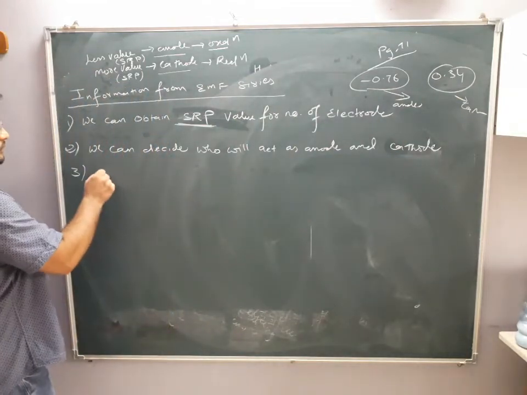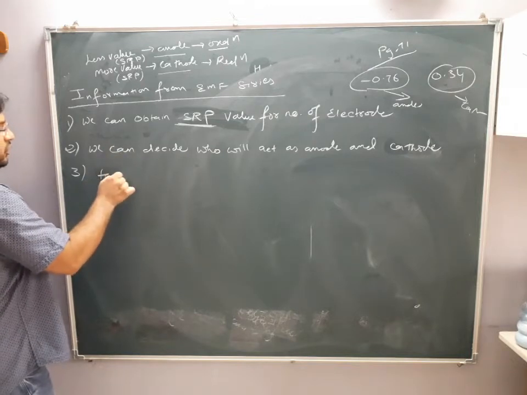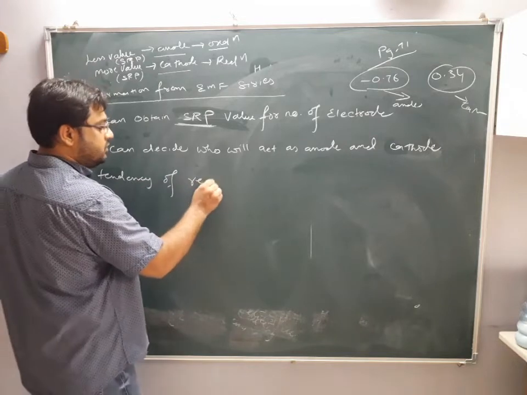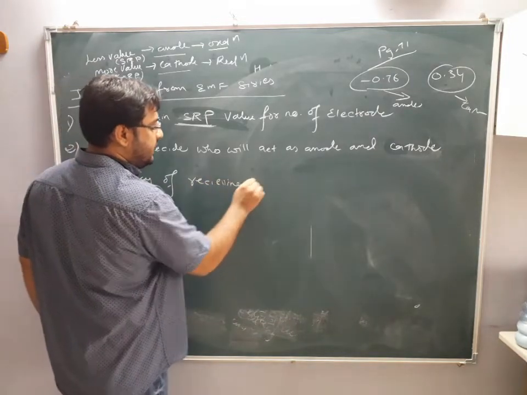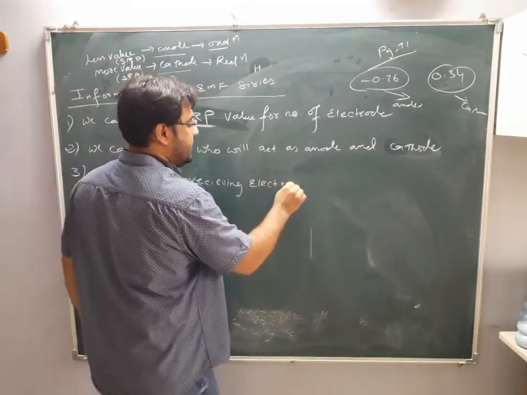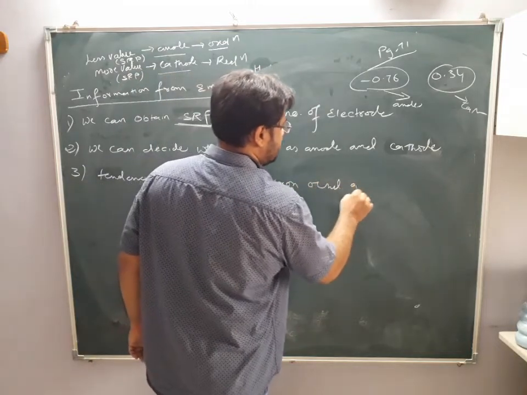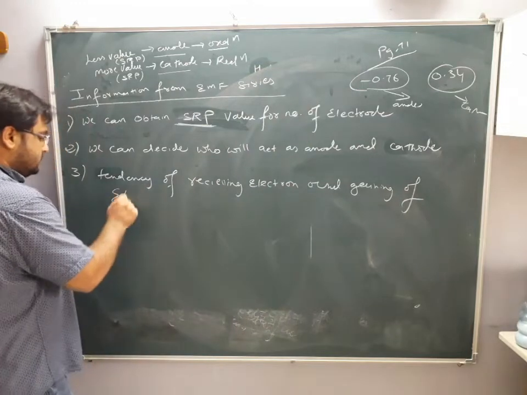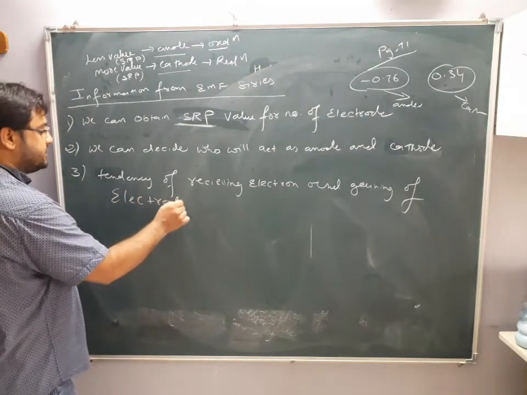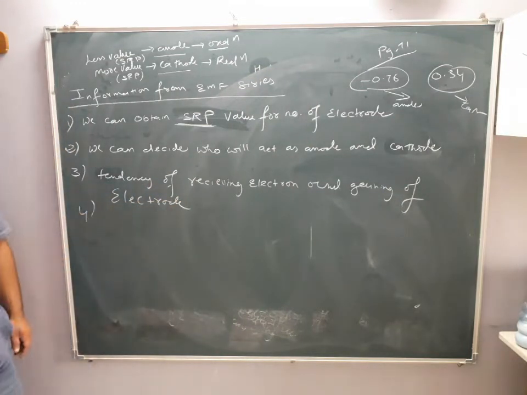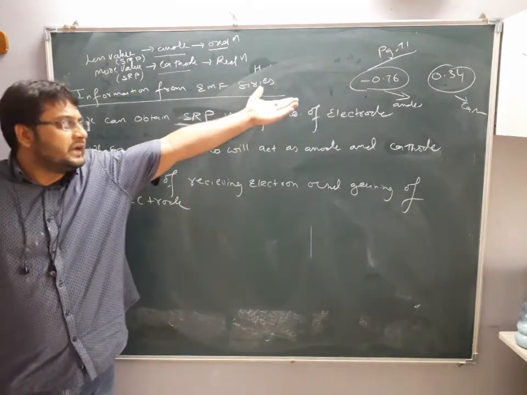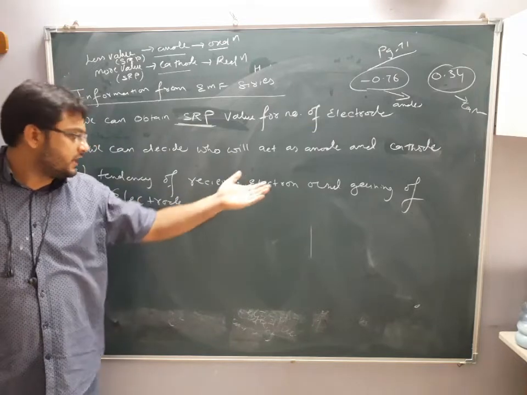Third, tendency. We can also see the tendency of losing electron and gaining of electron. Yes or no? This is also based on this one, you know. If any electrode acting as anode, they will lose electron.